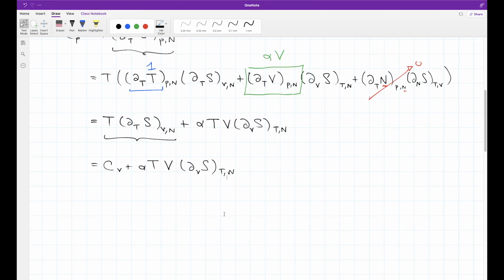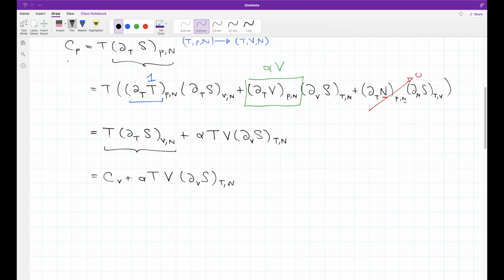Okay, so because we have CP on the left-hand side and CV plus some stuff on the right-hand side, if all this stuff is positive, then we know that CP is greater than CV. We argued that alpha is positive. We also know that for a gas system, T is going to be positive and V is going to be positive. So we're really just interested in this object and whether or not it's positive.